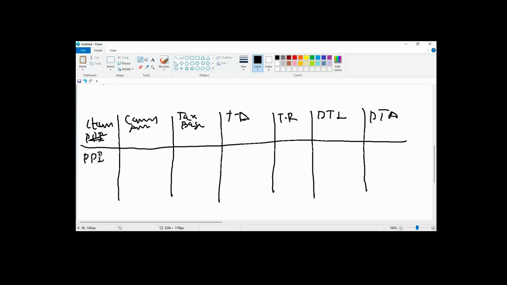The carrying amount of the PPE as at the end of the year was 19, and the tax base is 13. What is the difference? 600. What is the tax rate given in the question? 30%. Is it a deferred tax liability or deferred tax asset? Liability. 30% of 600.